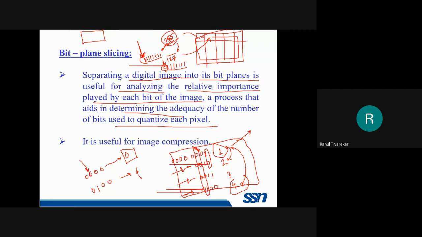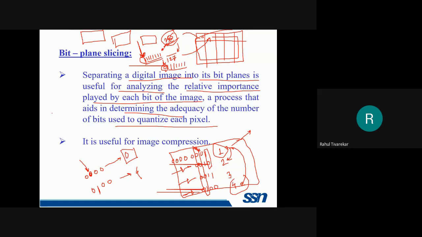Bit 2 positions make a 0 and 1. I will explain once again in the next lecture. And you make one image. Then collect the seventh bit from all the pixels, and you can prepare one more image. Then from the LSB, you make one more image. Likewise, from all 8 bits, you collect from each pixel and make 8 different images.